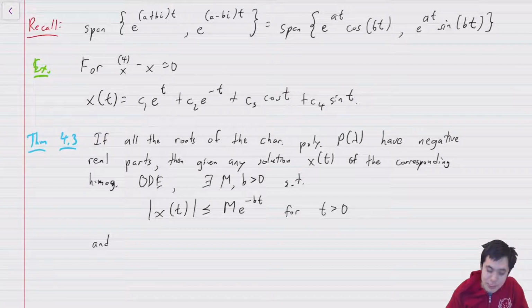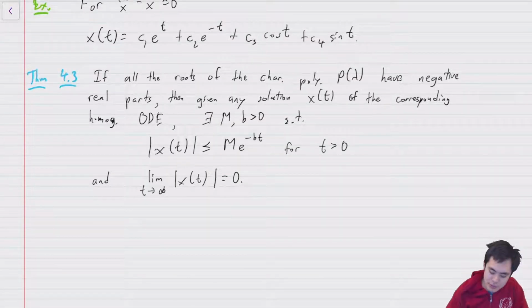And one of the obvious consequences is, given that that's true, you know that the limit as t goes to infinity of x of t is equal to 0. That's proofless.